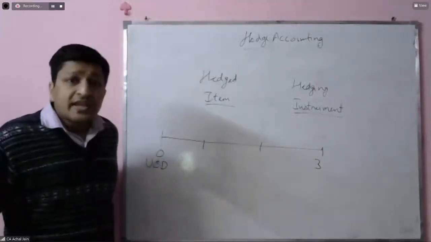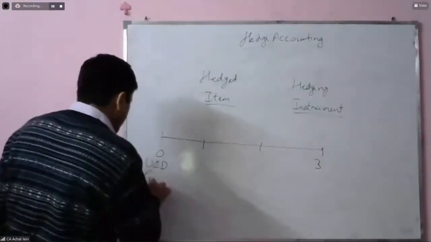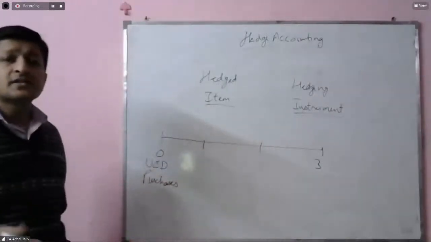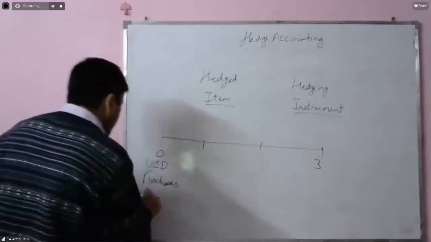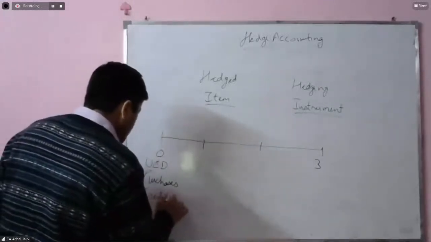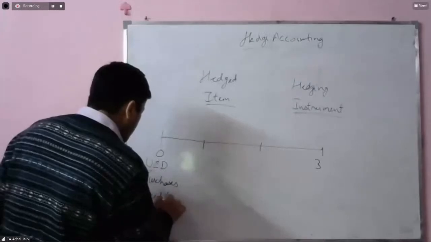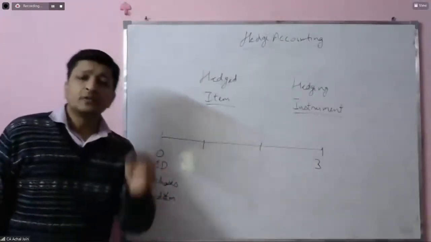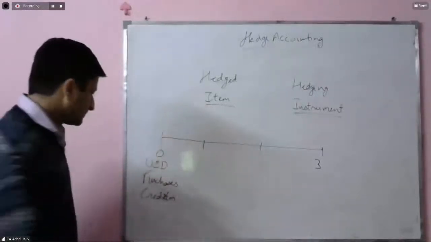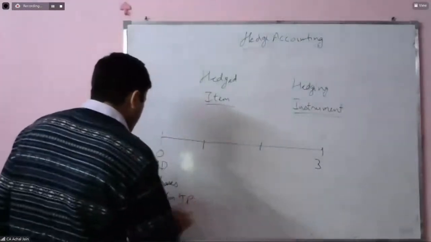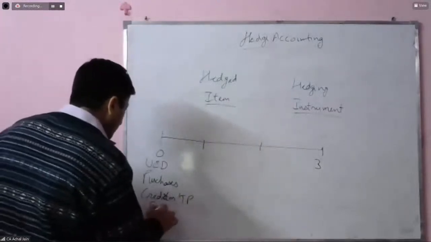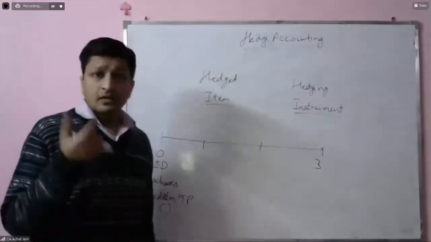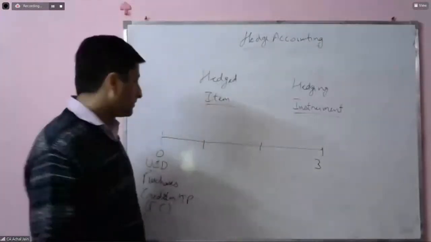So now the purchases that we have recorded result in what? Creditor. This has resulted in a creditor, and this creditor is denominated in foreign currency. We can also say it's a trade payable which is denominated in foreign currency. What do we mean by denominated? It means its payout has to be in foreign currency.